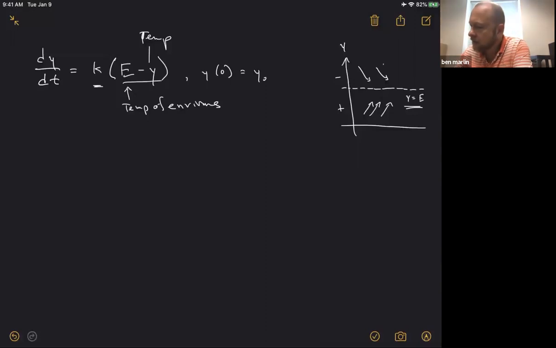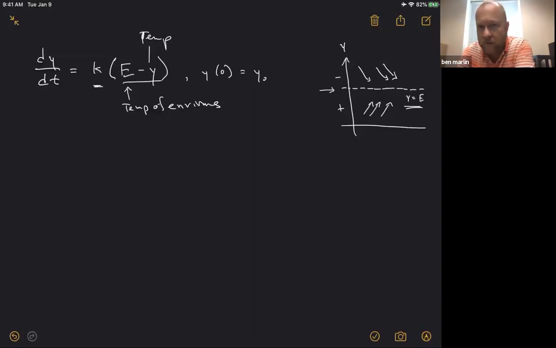Similarly, if we've got a value of something where the y is more, then e minus y would be negative, and we would expect for the k to be positive, so that when you multiplied it by the two, you would get a negative there as well. So we get the kind of behavior we expect out of this. And this thing here of y equals e is what's referred to as an equilibrium solution.